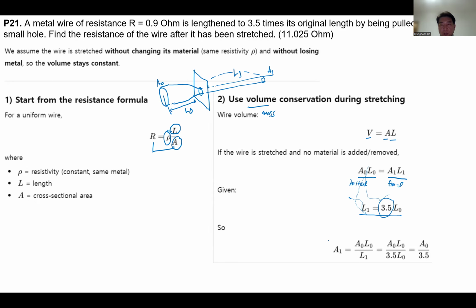And then A1 is given by this one, and the area should be reduced, right? Just look at this. If the length is increased, the area should be reduced.